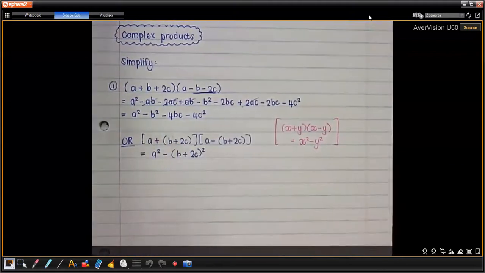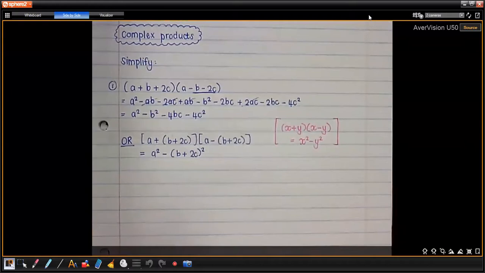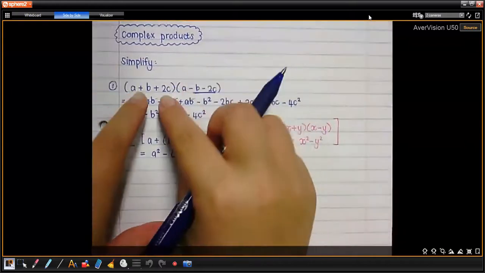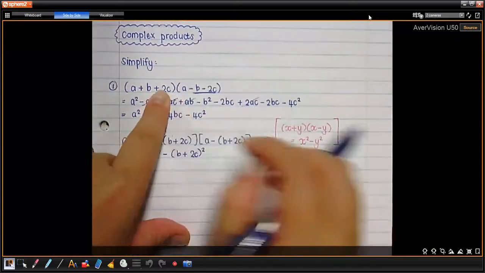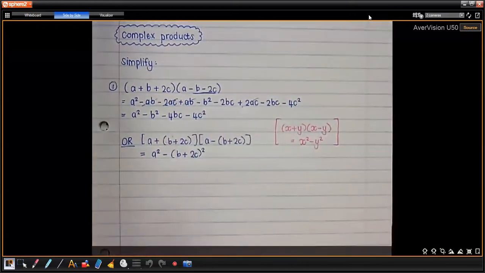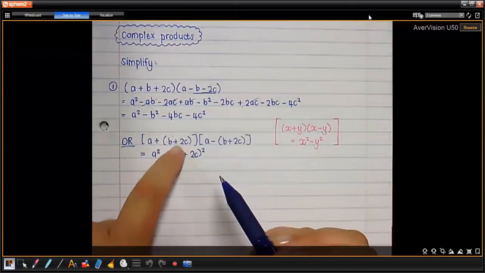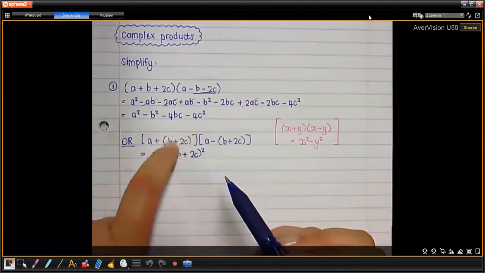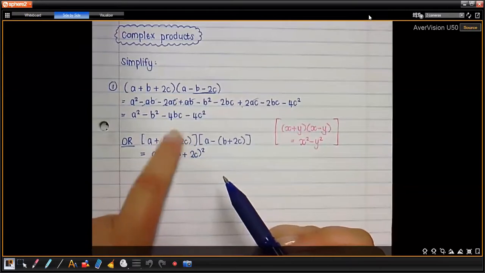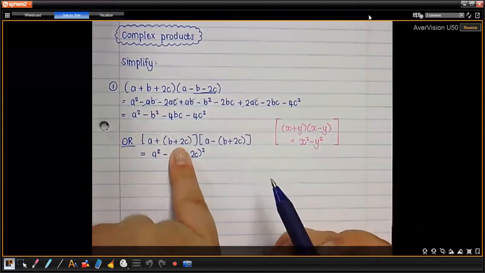Do you see that by also grouping them together, I have turned three terms into two? You notice that, right? Because here, if it's just written like this, it's 1, 2, 3 terms in that bracket. Now by putting brackets around it, it's a bit of a manipulation, it's a bit of a trick that we're doing, okay? By putting brackets around the b plus 2c, I've actually turned that into one term, all right? It is a little trick that we're doing, but now we have a plus (b plus 2c).